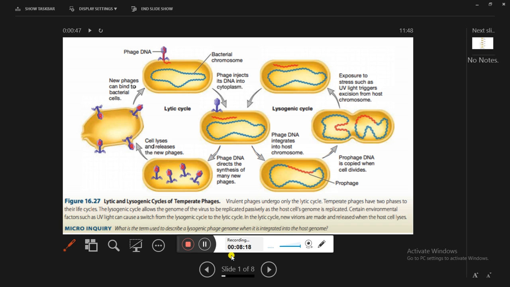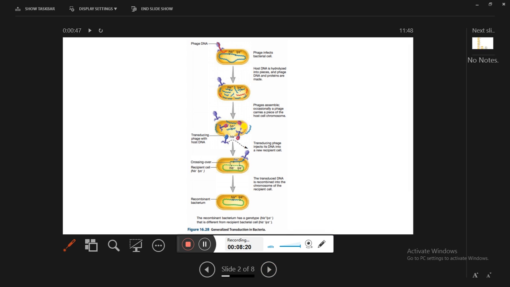Now, transduction is the transfer of genome from one organism to another organism by means of bacteriophage. The transfer of genetic material of one bacterium to another bacterium by means of bacteriophage is known as transduction. There are two types of transduction: first is generalized transduction and second is specialized transduction.